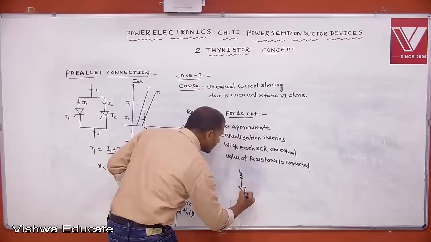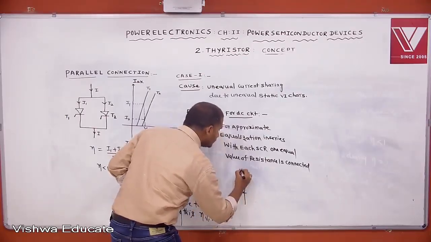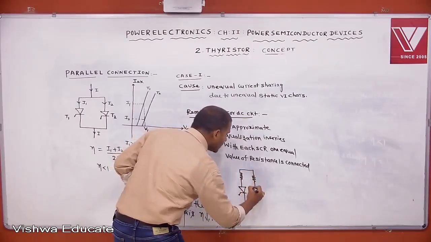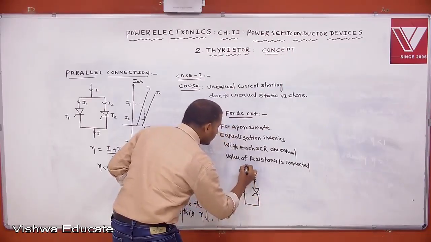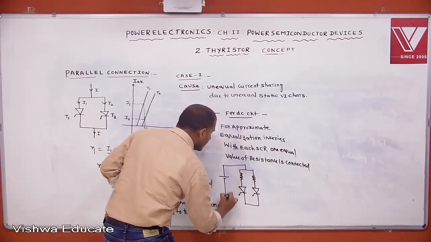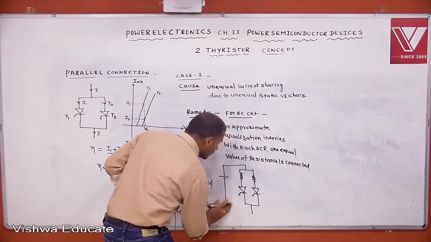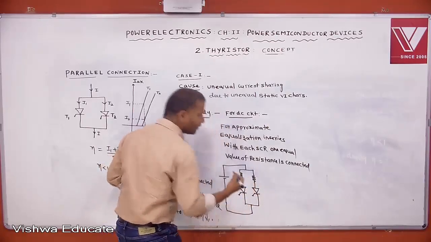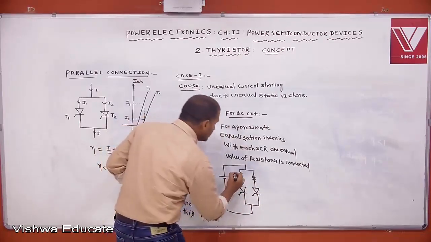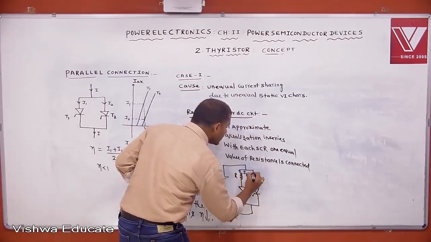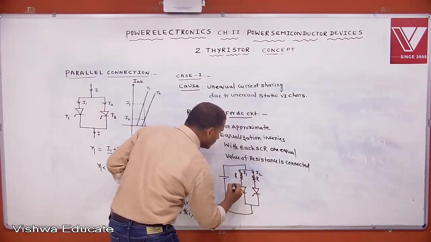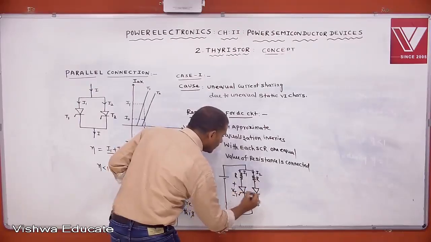These two thyristors are connected in parallel, operating for DC. Let this be the resistance R and this be the resistance R. This current is I1, this current is I2, this is VT1 and this is VT2.